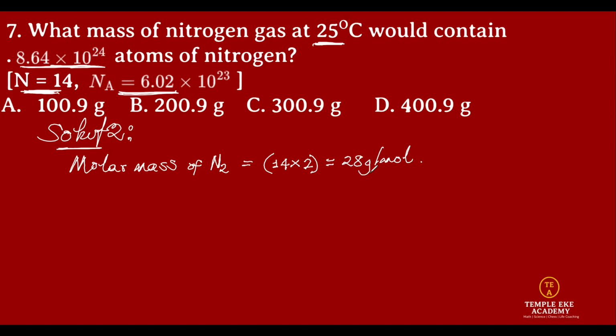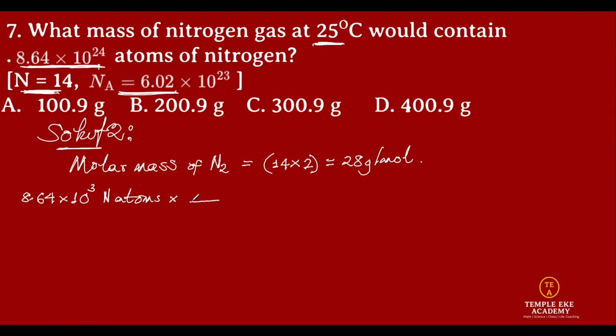All right, in this video, we're going to use the method of dimensional analysis. Let's start straight off with the number of atoms. We have 8.64 times 10 to the 24th power atoms of nitrogen. I will simply write nitrogen atoms, N for nitrogen atoms. And now we have to go through a process of cancellation of units.